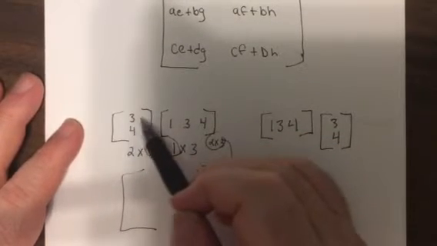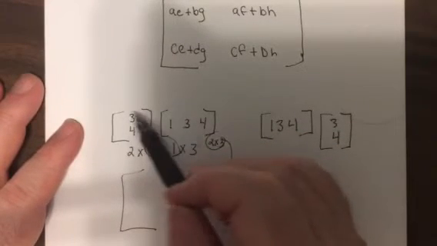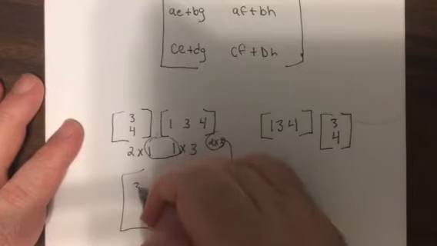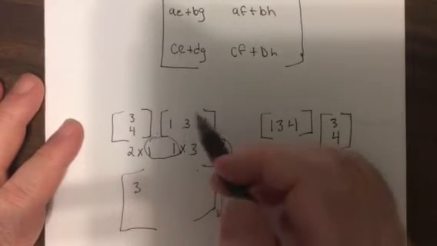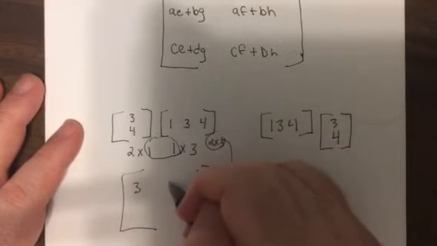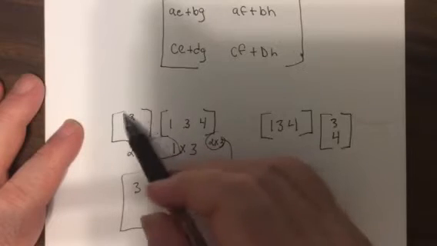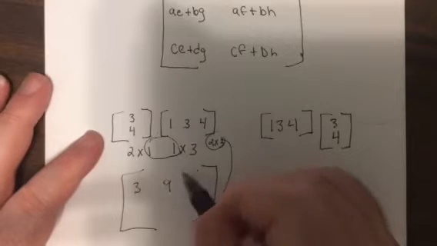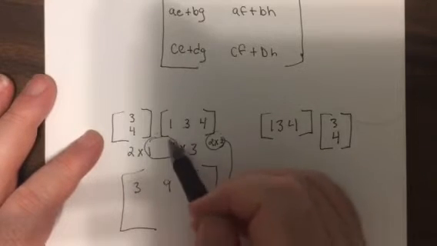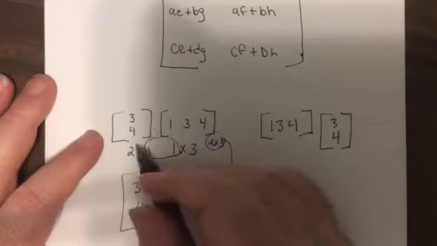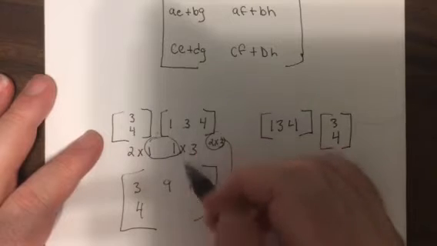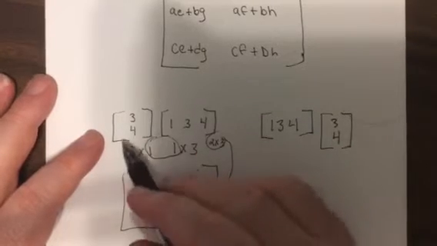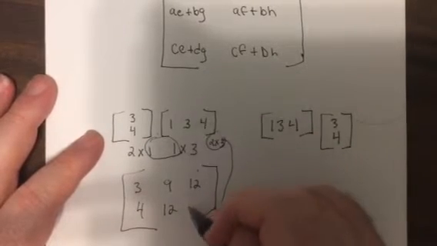So we would have row 1, column 1: 3 times 1 is 3. Row 1, column 2: 3 times 3 is 9. Row 1, column 3: 12. Then row 2, column 1, and so on.